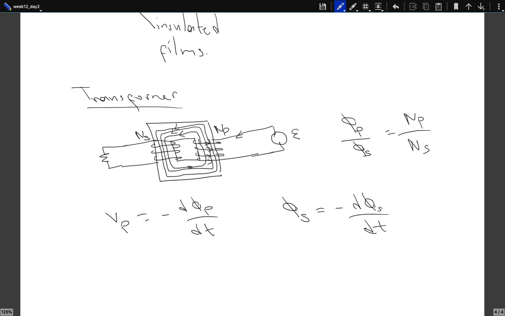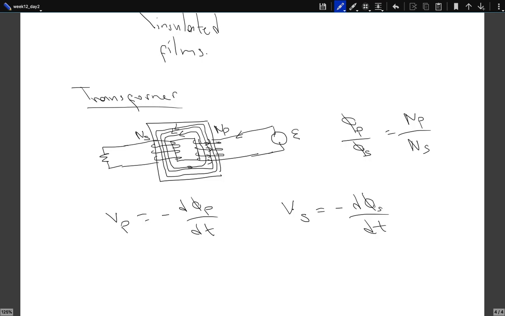Of course, if here you use a direct current source, a DC source, this derivative will be 0. No, sorry, that is Vs. If you send the DC source, the flux will be constant, so that derivative will be 0.